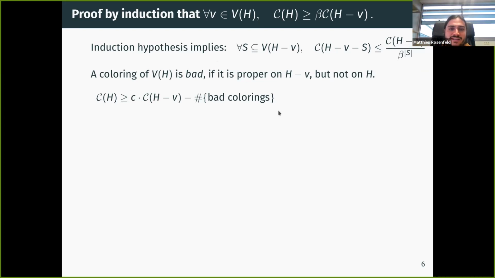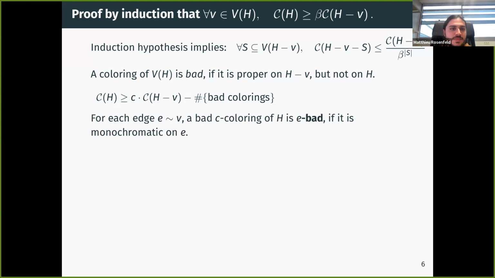And to bound the number of bad colorings, I'm going to refine this into a more precise partition. And I'm going to introduce this notion of E-bad coloring. So given an edge E that contains V, I'm going to say that a bad coloring is E-bad if it is bad because it's monochromatic on this edge, right?